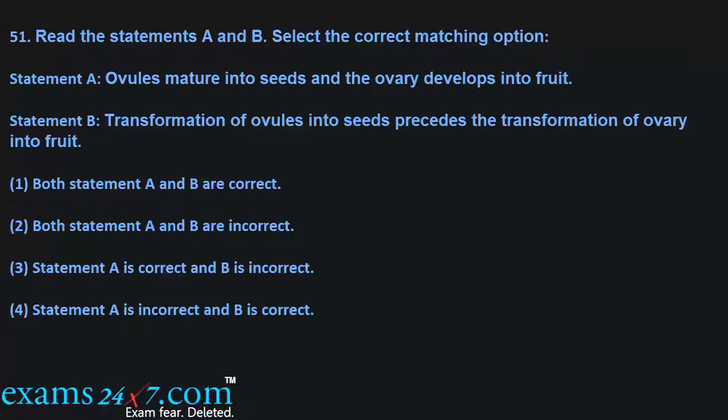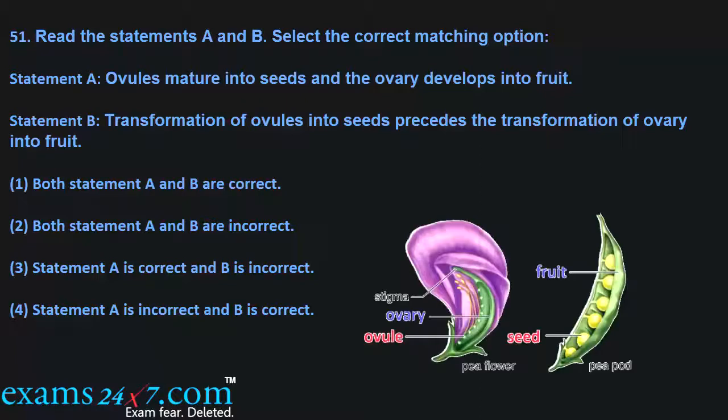We come to the next question now. Read the statement A and B. Select the correct matching option. Statement A. Ovules mature into seeds and ovary develops into fruit. So option A is correct. Option B. Transformation of ovules into seeds precedes the transformation of ovary into fruit.